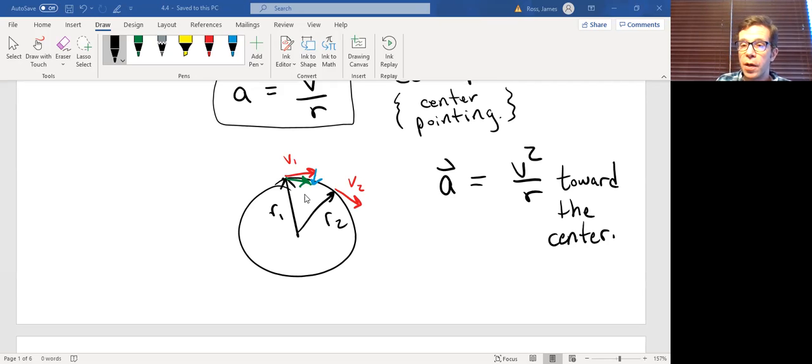All right, so we can talk about the instantaneous centripetal acceleration. And we talked about last time, that's just v squared over r for the instantaneous velocity.